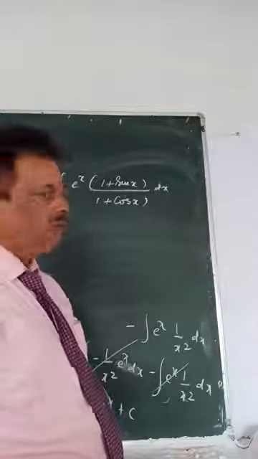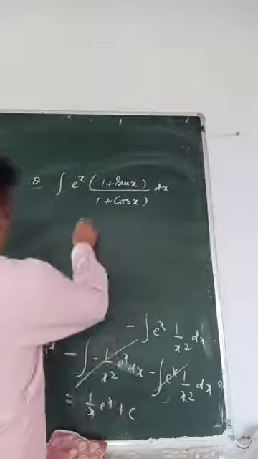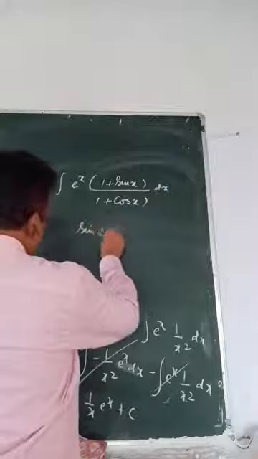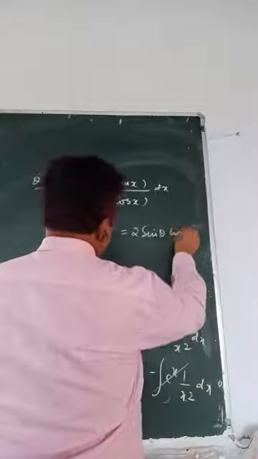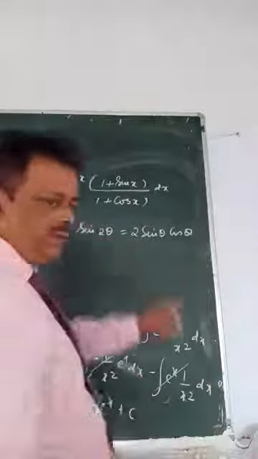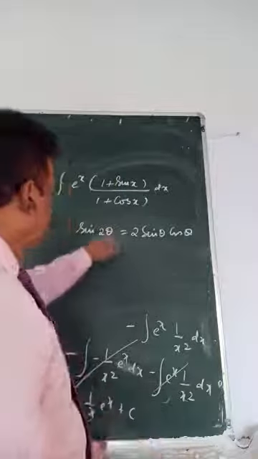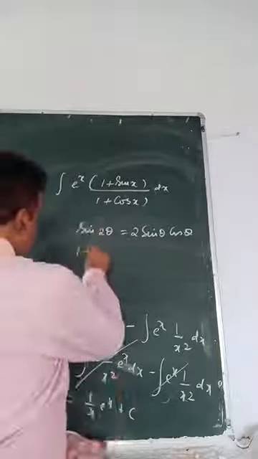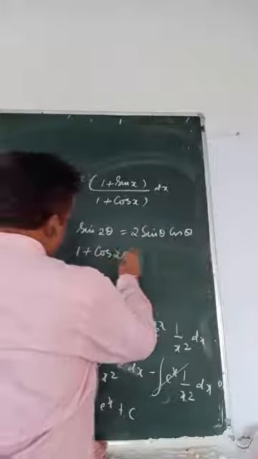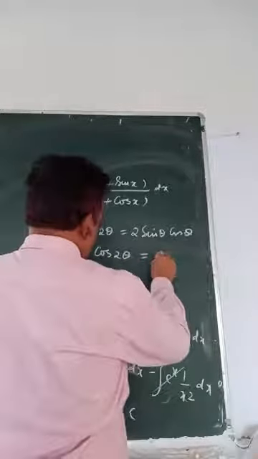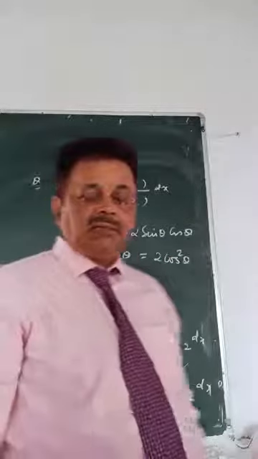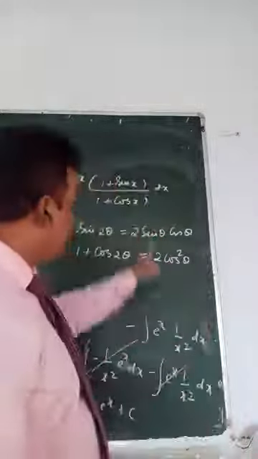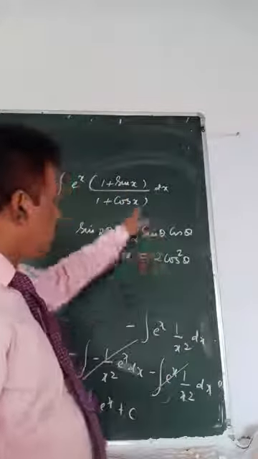How to do it? Recall the formula I gave you: sin 2 theta is 2 sin theta cos theta. Remember? And 1 plus cos 2 theta I had given you as 2 cos square theta. See, the reference is coming now. I had given it in inverse functions and in derivatives. All the references came here.